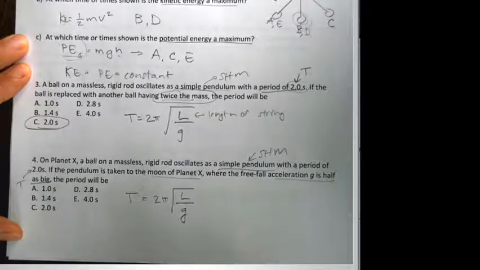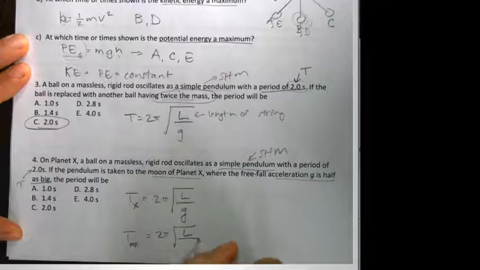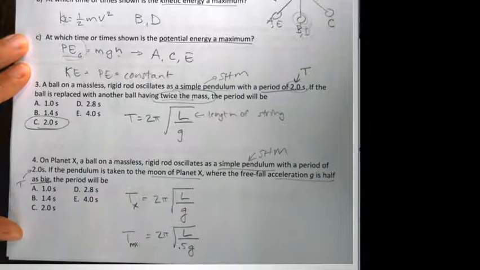Okay, so here's period on planet 1, and here is period on planet X. Or I guess this is planet X, and this is planet X's moon. So this is 2 pi square root of L over 0.5 g. It's half as big. So you can make up numbers for this, or you can use letters.